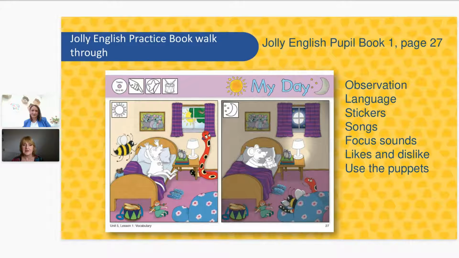So as you can see here, we are doing this page, which is in the pupil book, but the observation here is not only about night and day, but also about using language. For this one, you can see that we've written down some of the ideas that we have used for this activity. And there's a lot here.